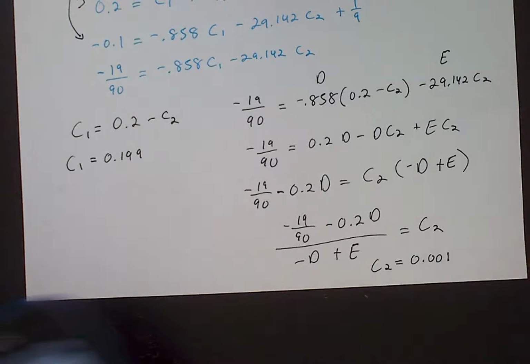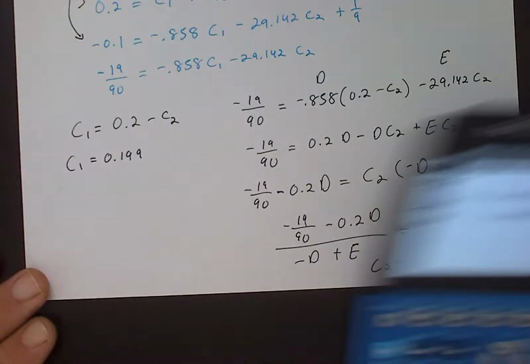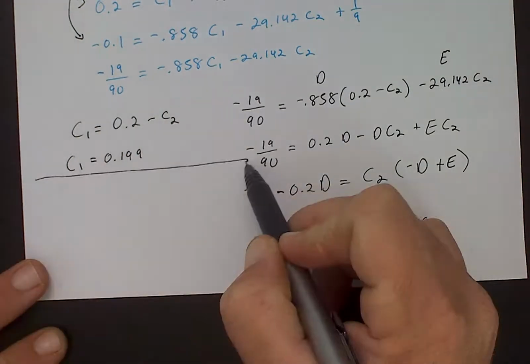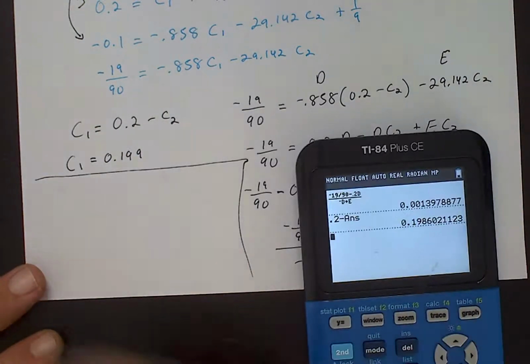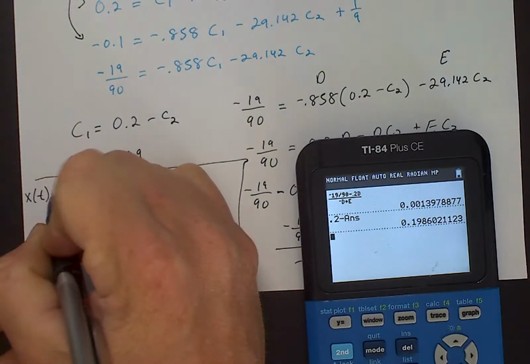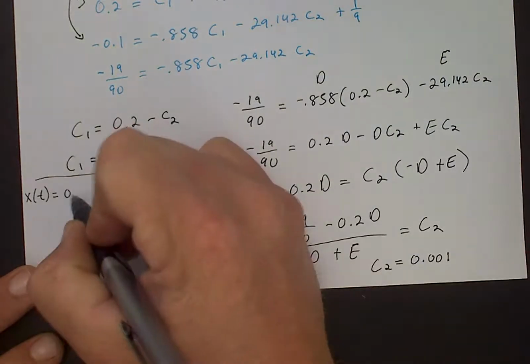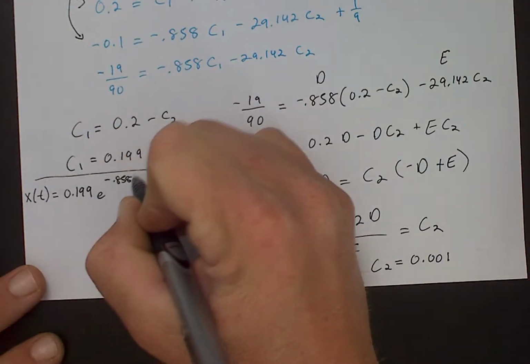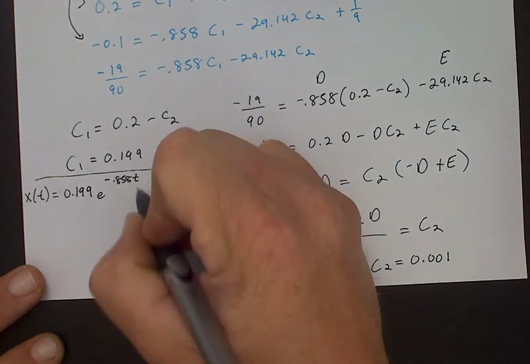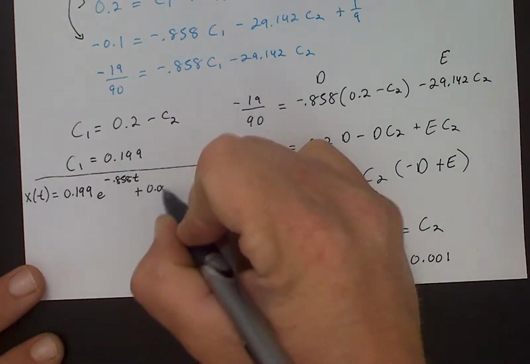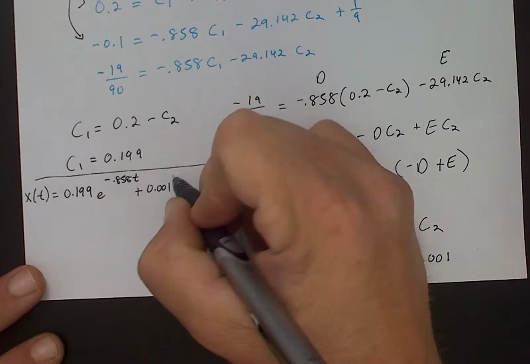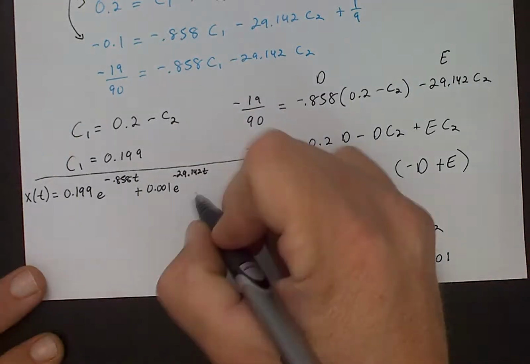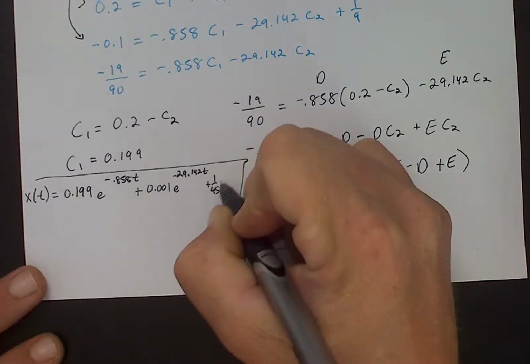So we've got everything. We just need to write the equation. And I'll write that right here. Hopefully I can fit it. All right, C1, 0.199, e to the negative 0.858t, plus C2, plus 1/45 sine 5t.